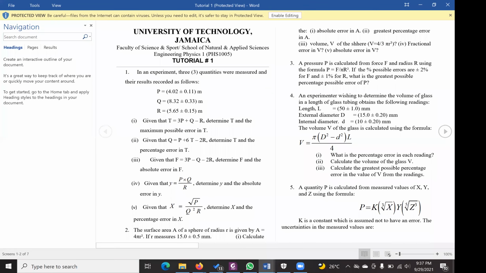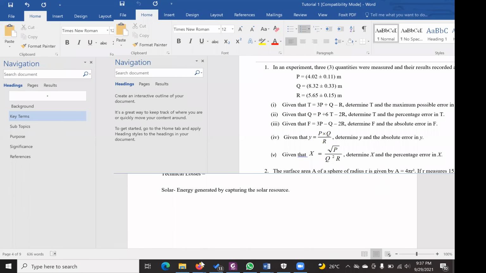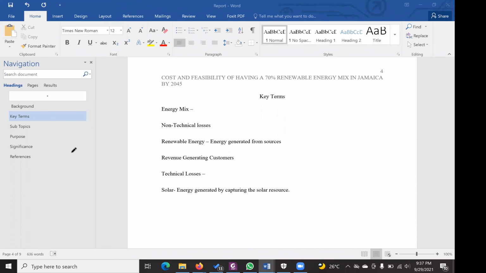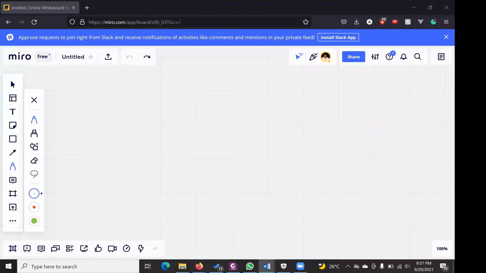Open up the tutorial on your phone or something else. So it says the surface area of a sphere of radius r is given by A equals 4 pi r squared, and let's say that r equals 15 plus or minus 0.5.